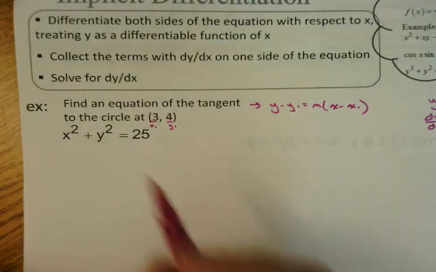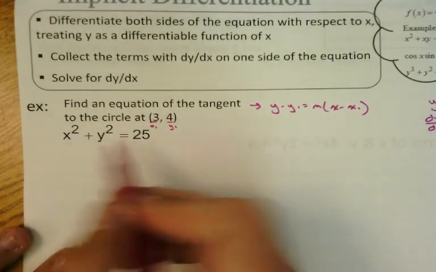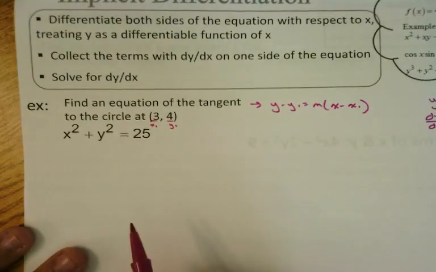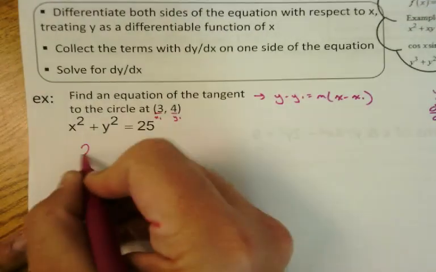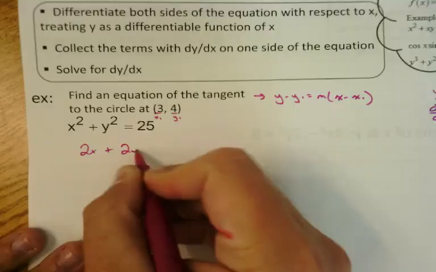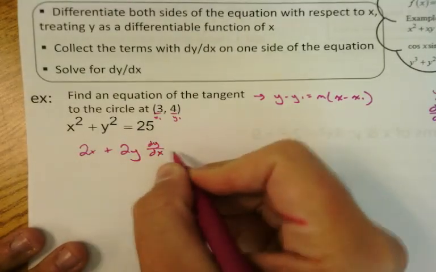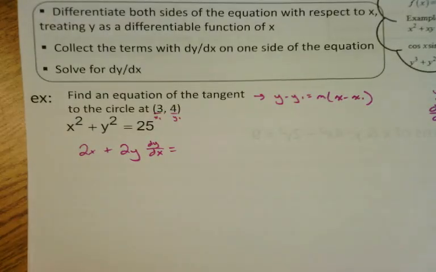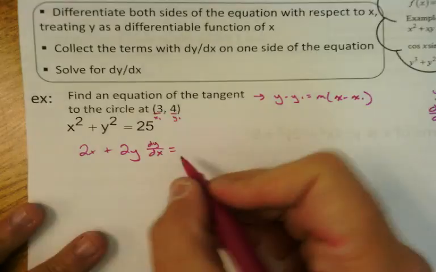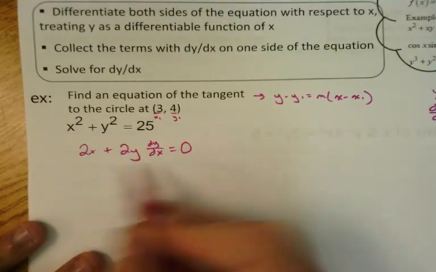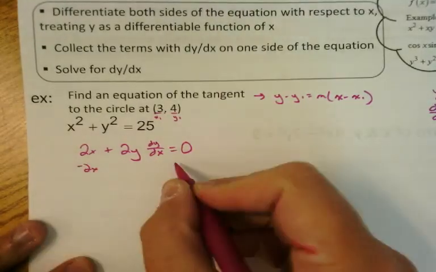To find the slope, we have to differentiate this circle. So what's the derivative of this circle? 2x plus 2y dy/dx. Very good. Equals? Yeah, be careful. Some people, when they're going really fast, put 25, and that messes everything up. So this does equal 0 over here. Solving for dy/dx, I'm going to subtract both sides by 2x.